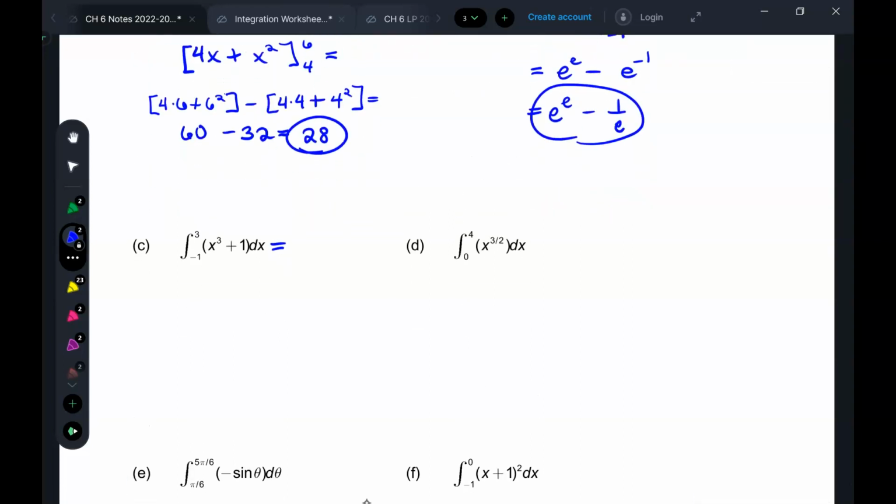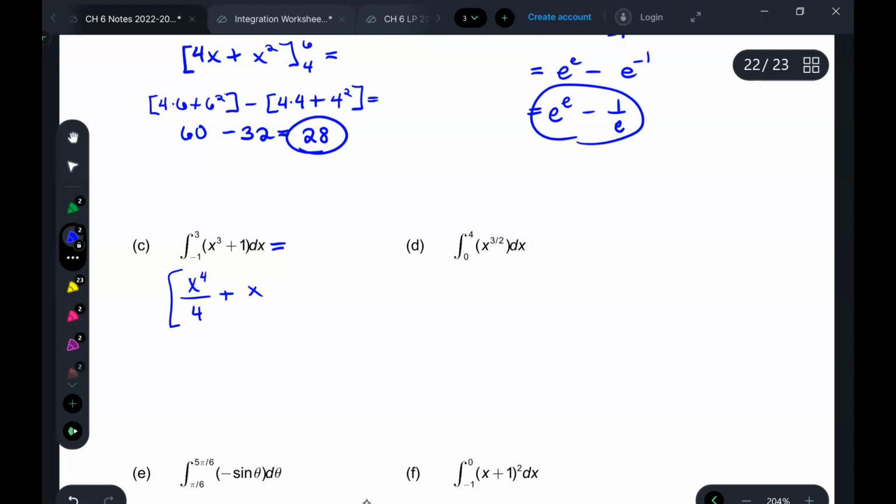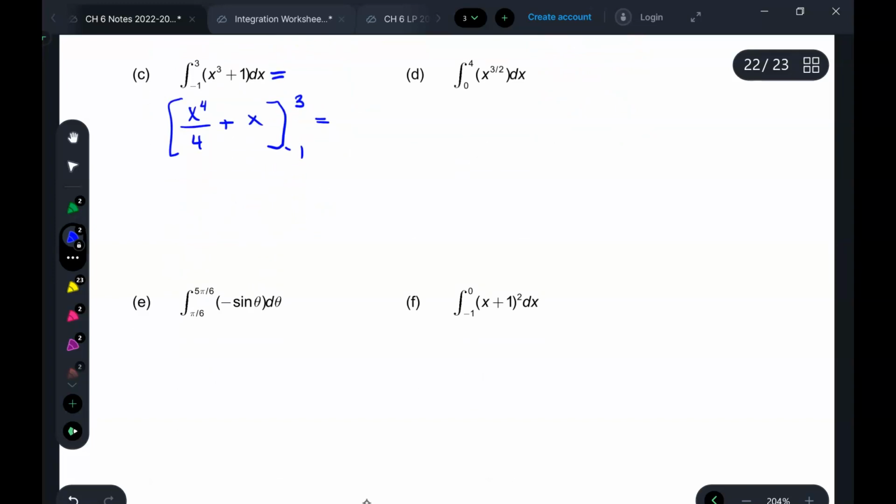x cubed becomes x to the 4th over 4 plus x. Evaluated from -1 to 3. Let's see. So we get, what's 3 to the 4th? Okay, thanks. 81 over 4 plus 3.